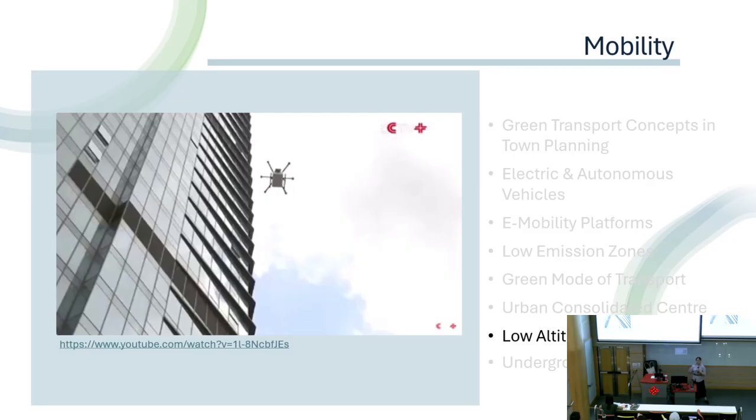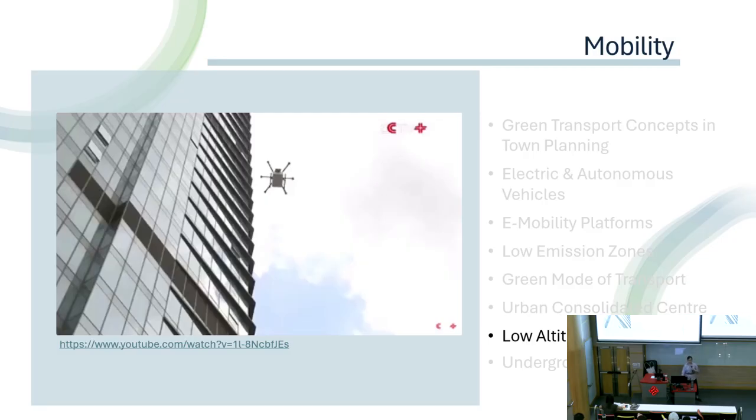For example, on rooftops or in parks where it's just normal to see a drone flying in. And if we're supplying these drones with green energy, it actually helps reduce the amount of trucks on the road as well.